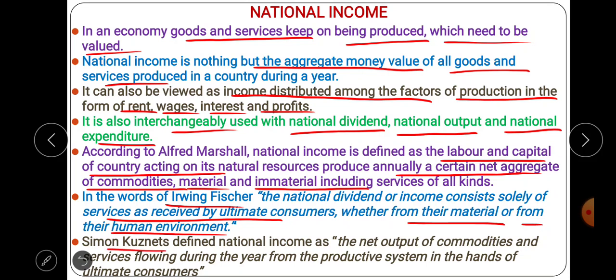He said it is the net output of commodities and services flowing during the year from the productive system into the hands of the ultimate consumers. So, these are three different definitions given by different scholars. I think you can now understand the meaning of national income.